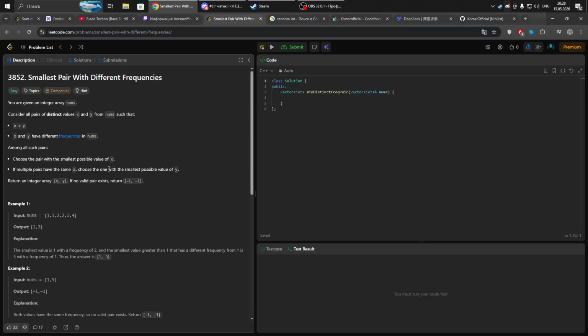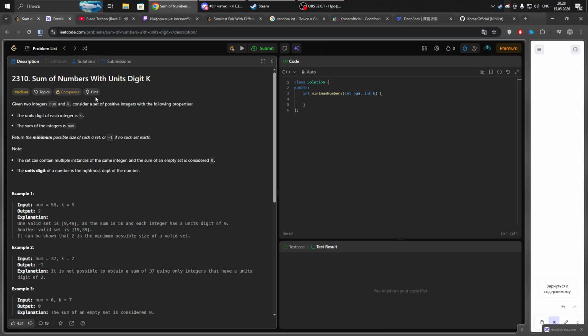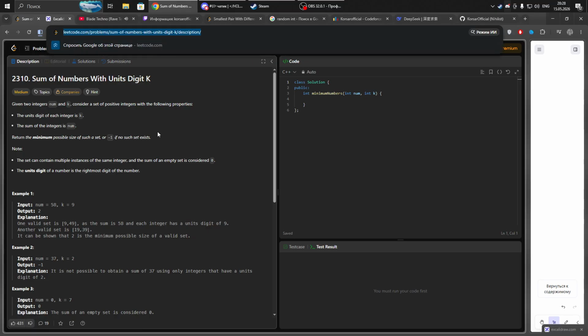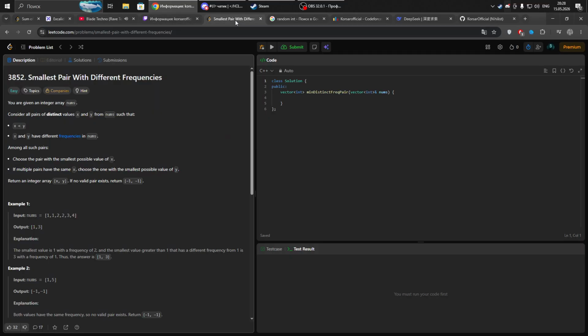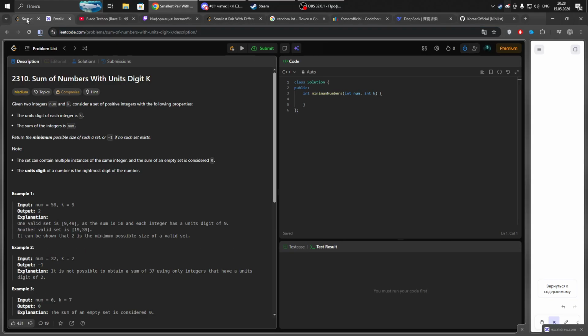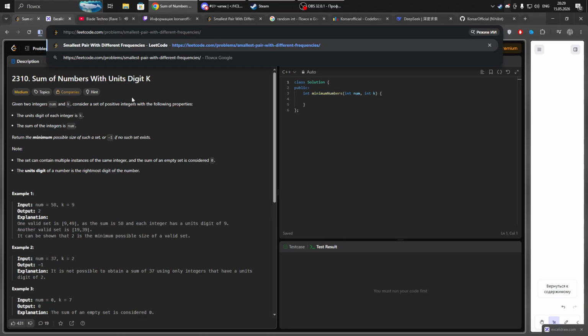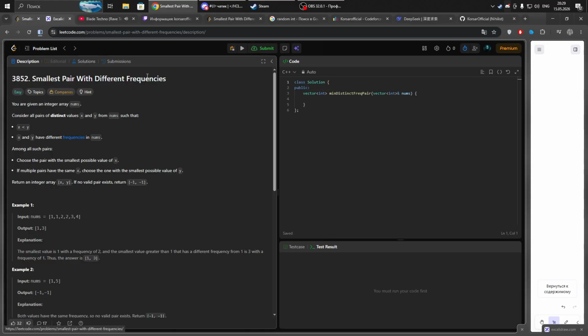The smallest pair of each different frequencies. Alright, good. So we got the integer array nums.